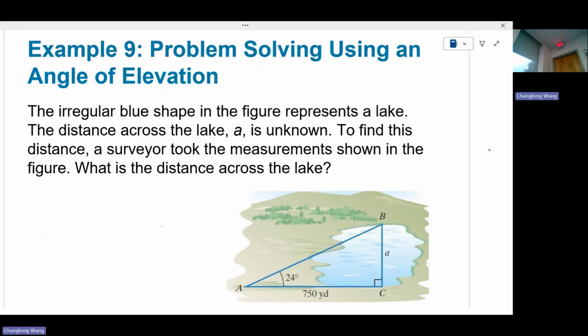And again, this is a right triangle, and that's why you want to turn 90 degrees before you start walking. And now, why don't you guys give it a try? Help me to find out how much the width of the lake is. The distance here, AC, is 750. That angle is 24 degrees. Find out the A.